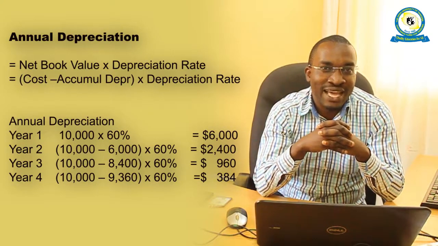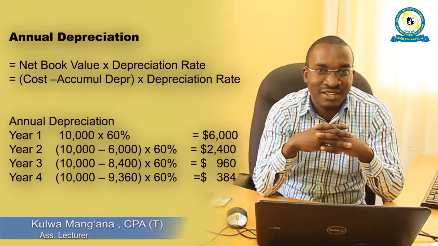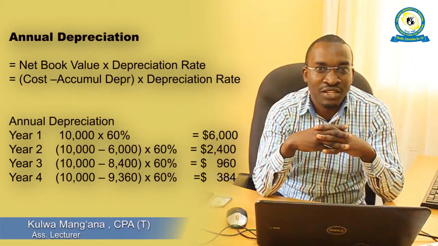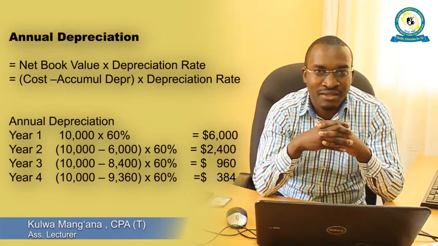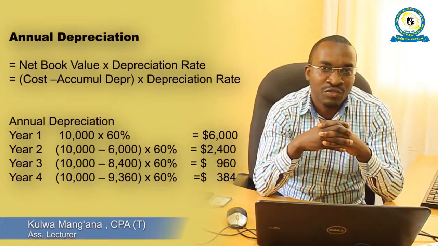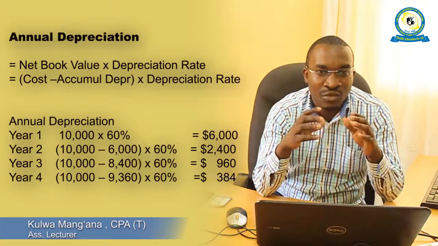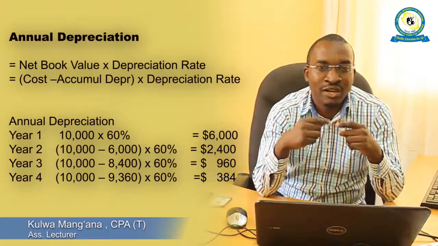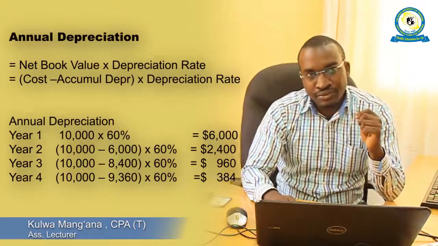When you minus the accumulated depreciation, which is going to be 8,400, you're going to get the difference, and the difference you're supposed to times the depreciation rate, and the actual figure you're going to get is 960. So this is how, by using the reducing balance method, depreciation is calculated.